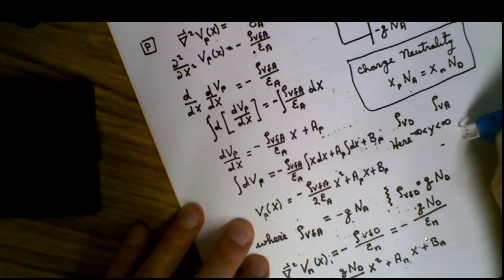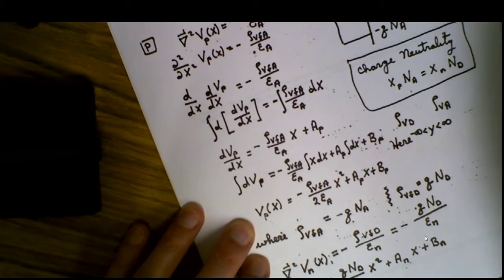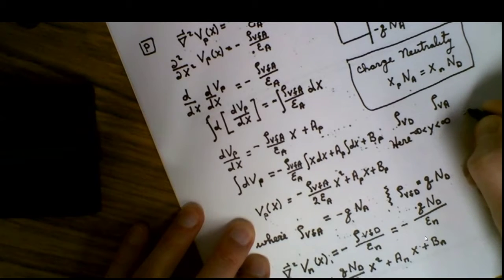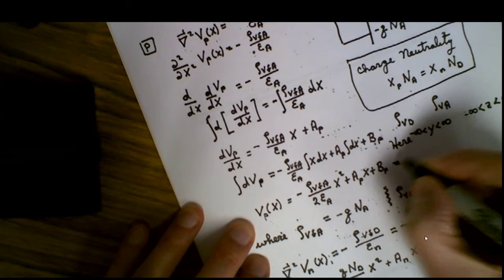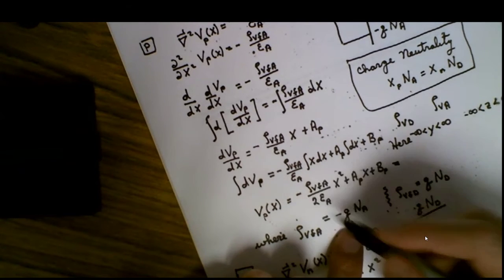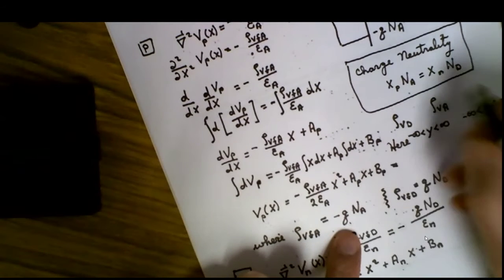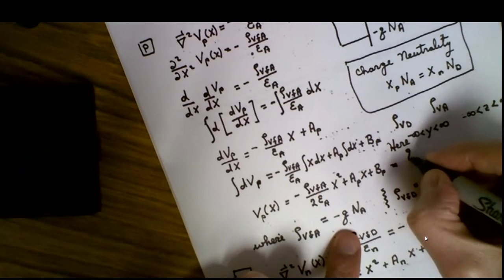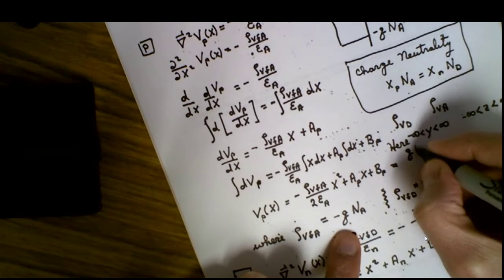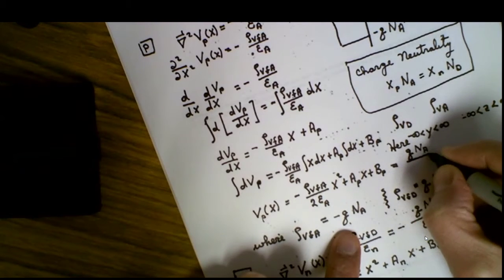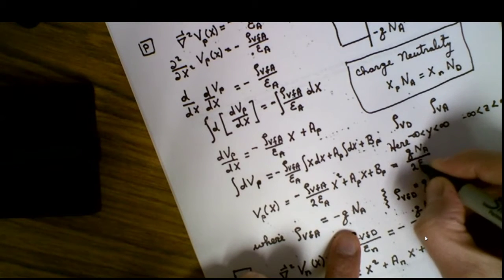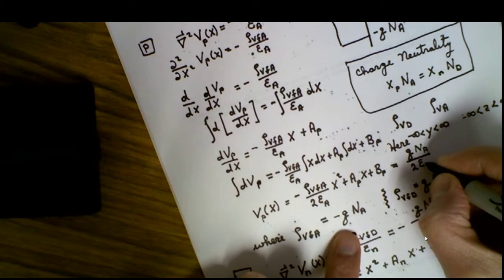So I'm going to move this out of the way. I'll go back up here and say this is minus infinity less than z, and that's going to be less than infinity. And this is going to be equal to, we've got a minus sign here and a minus sign there. It gives us a positive sign. So that'll be our charge Q times the number of acceptors divided by 2 times the permittivity of our P region.